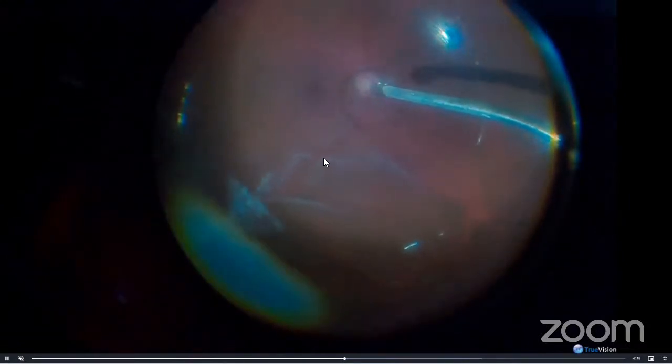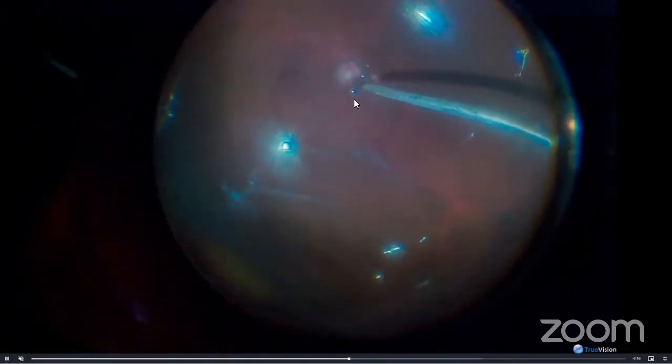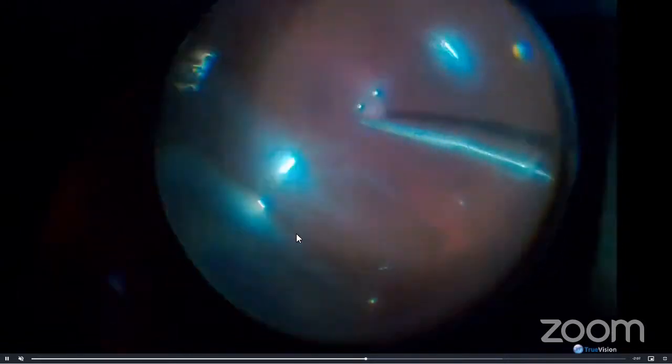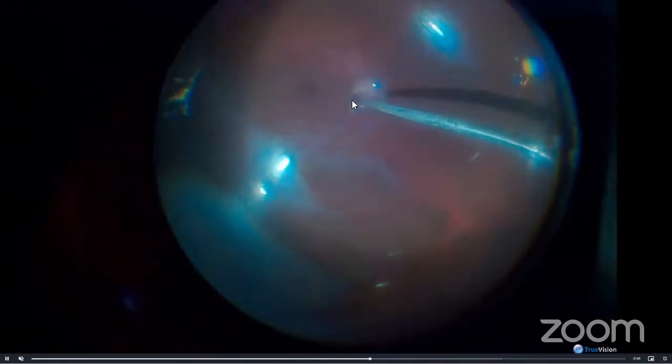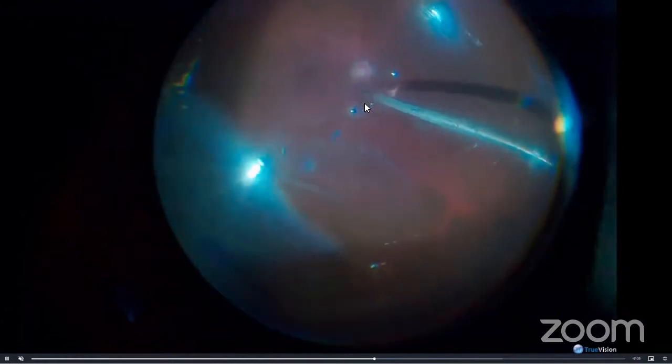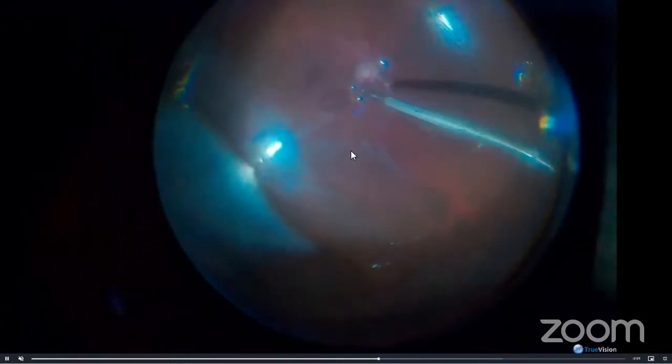To overcome this, you can see that he tried to inject the heavy liquid to flatten the retina and push the fluid up for complete drainage. When we inject the heavy liquid, we try to keep the tip inside the bubble to reduce the risk of fish egg formation.